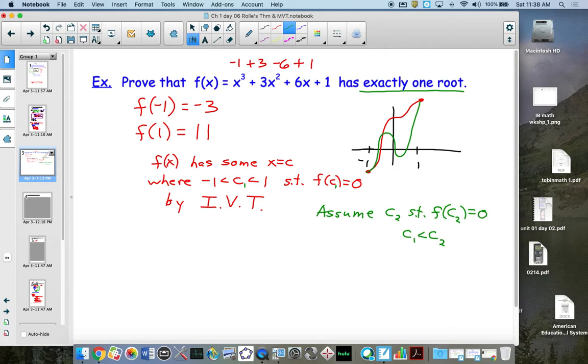Okay. If that's true, let's mark here c sub 1 and over here c sub 2. And here's negative 1 and positive 1. Okay, so let's do a blue graph.